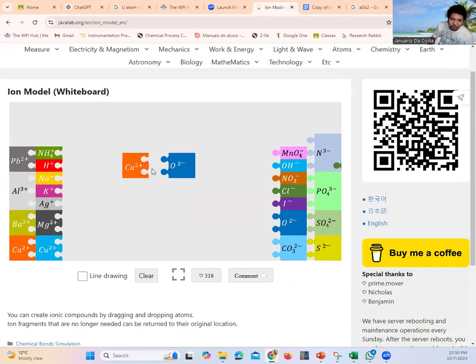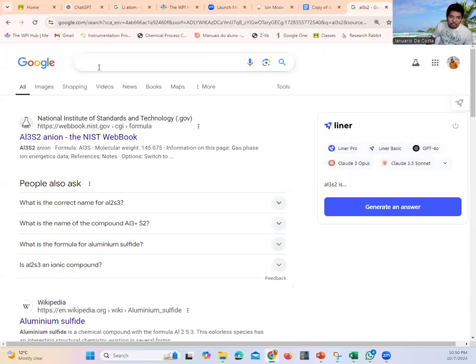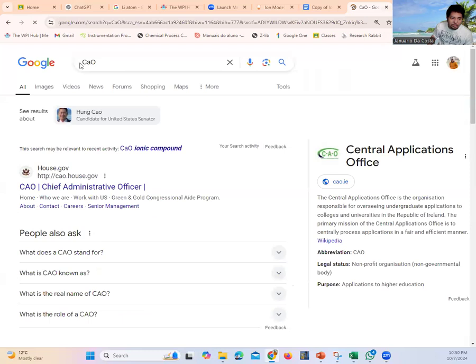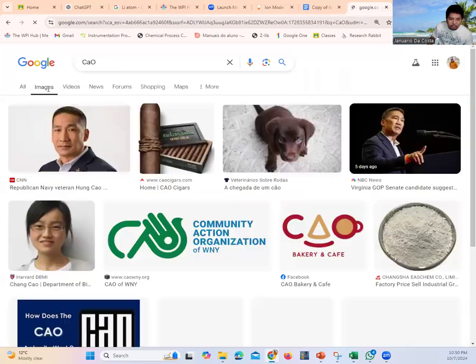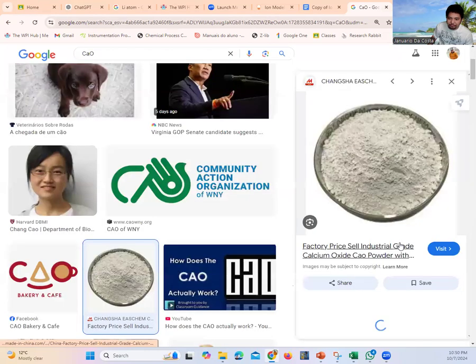So calcium bonding to oxygen, that's what you call lime. Calcium oxide or lime. This is calcium and oxygen. So if you look at calcium oxide, CaO, this is your cement. That's calcium oxide. That's lime.